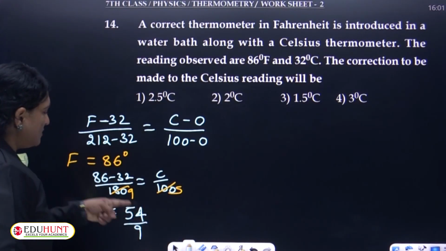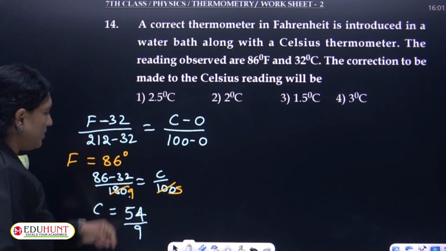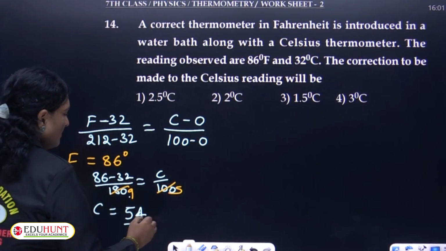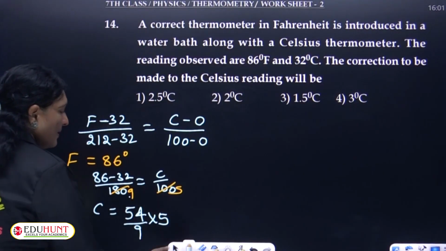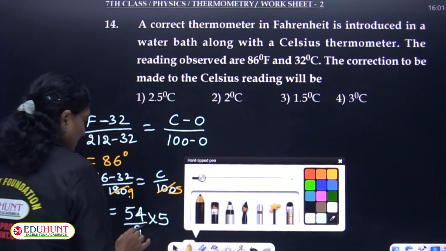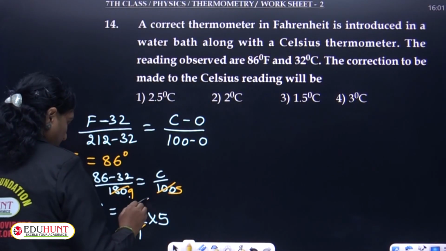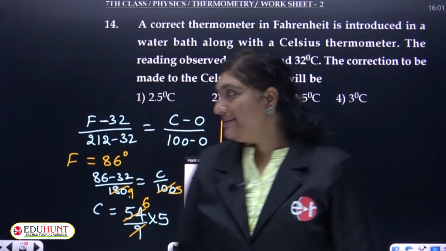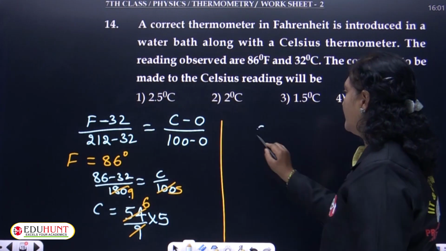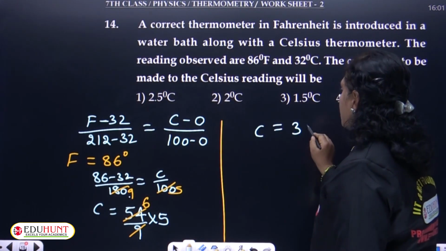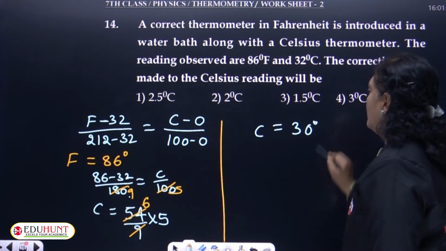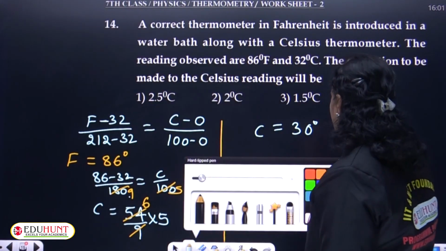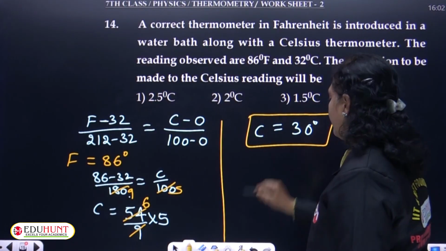With this subtraction we are getting 54, the denominator we already have is 9, and bringing the 5 to the other side, multiplied by 5. Further simplification gives 9 6s are 54, and hence the value of C is found to be 6 5s, 30 degrees. The value of C is found to be how much, children? 30 degrees.